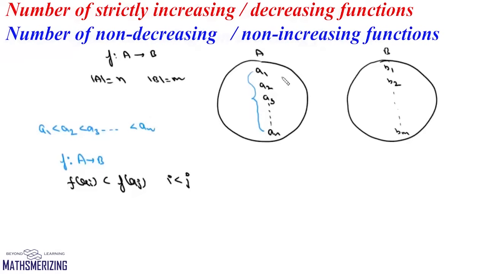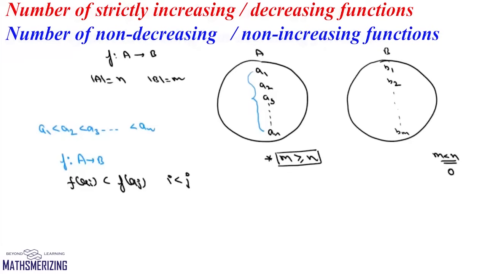So this function from A to B has to be a 1-1 function, and it can only be a 1-1 function when the value of m is greater than or equal to n. If m is less than n, there will be no 1-1 function possible, so the number of strictly increasing or decreasing functions will simply be 0. Now we'll consider the general case when m is greater than or equal to n.